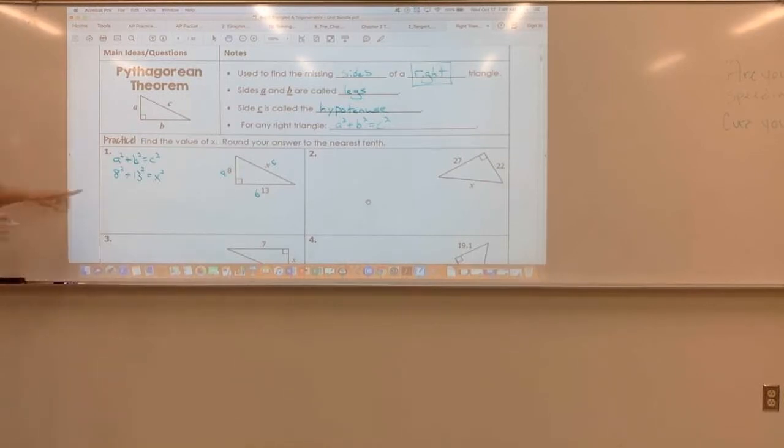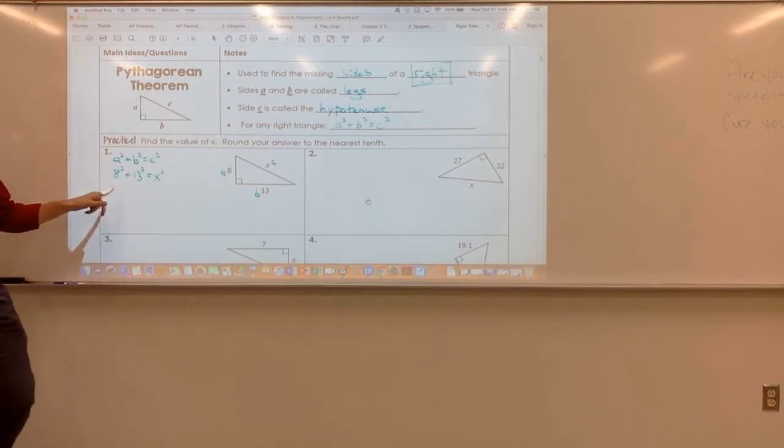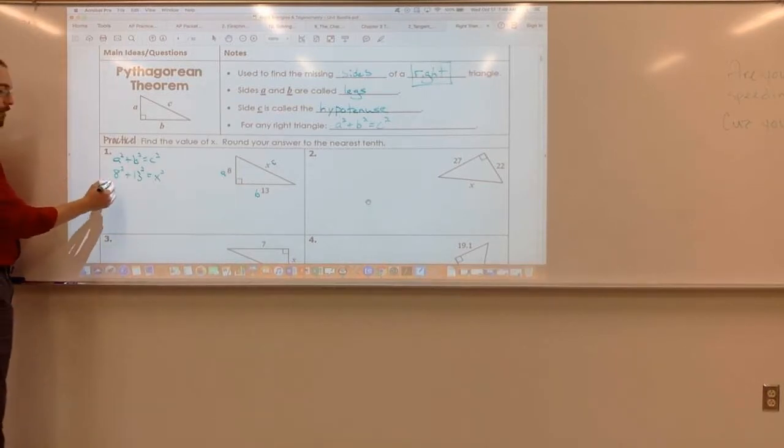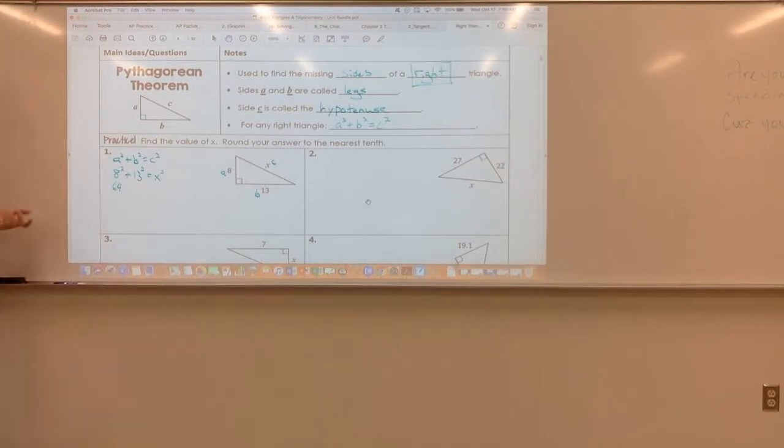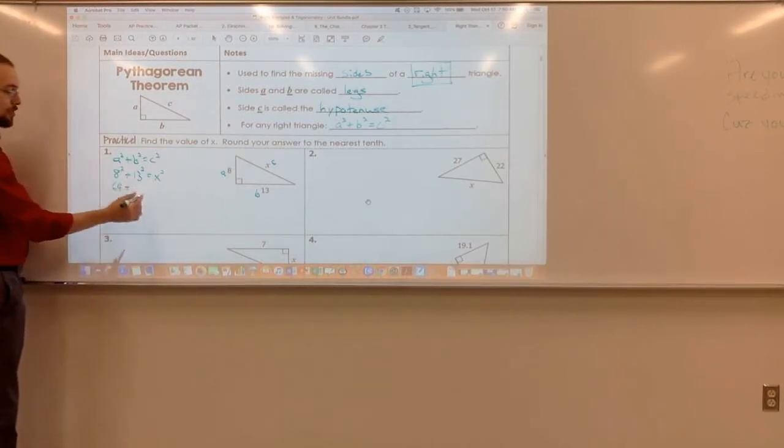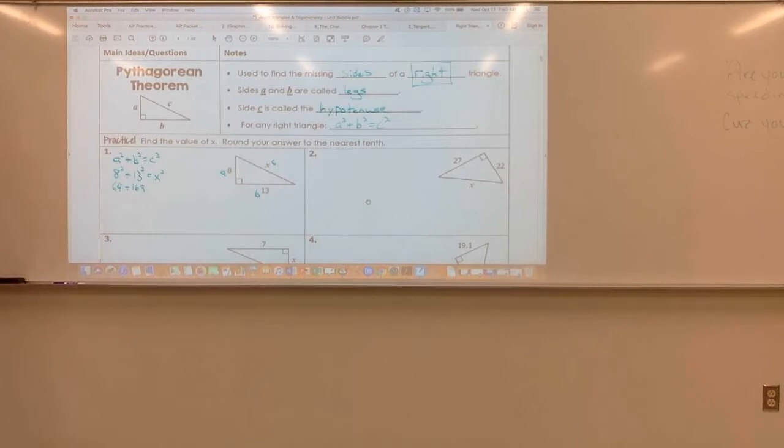So to solve this, we're going to go ahead and square both of these numbers. We can do that on a calculator if we don't know these off the top of our head. 8 squared is 64. 13 squared is 169.